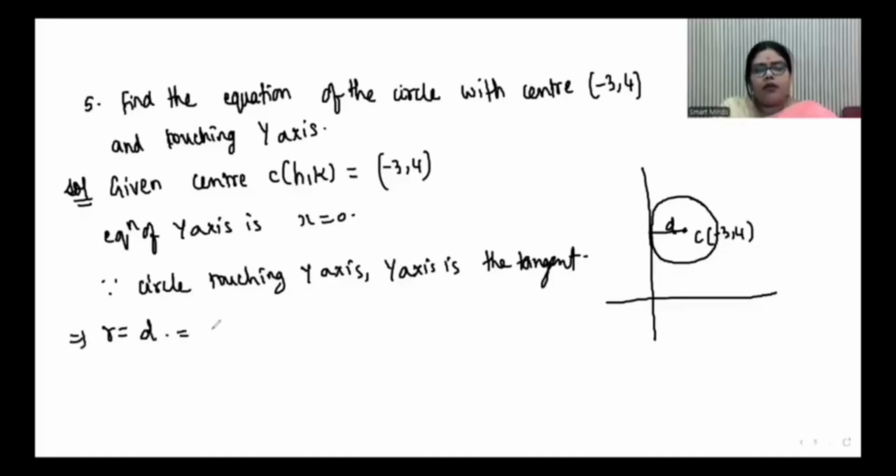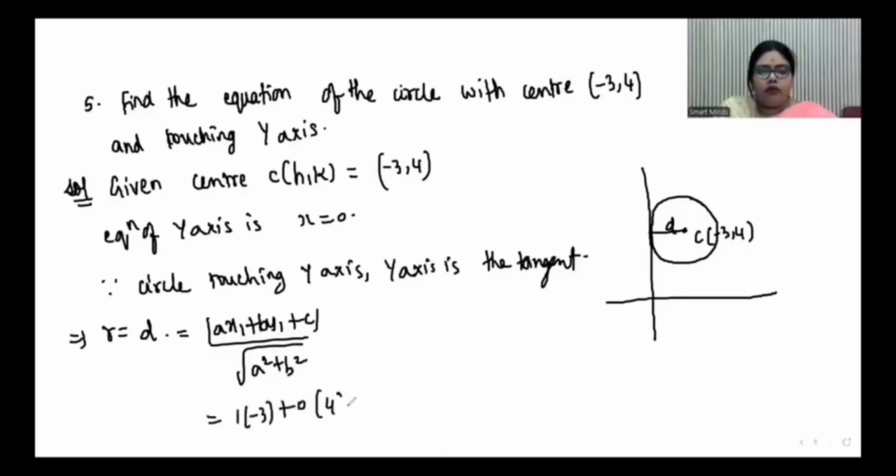And that is equal to, what is the formula for perpendicular distance? Mod ax1 plus by1 plus c by root a square plus b square. That is 1 into minus 3 plus 0 into 4 plus 0 by root over 1 square plus 0 square.